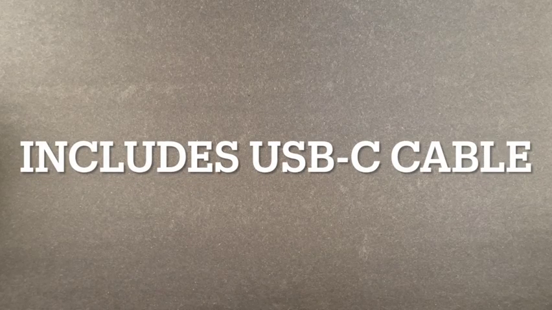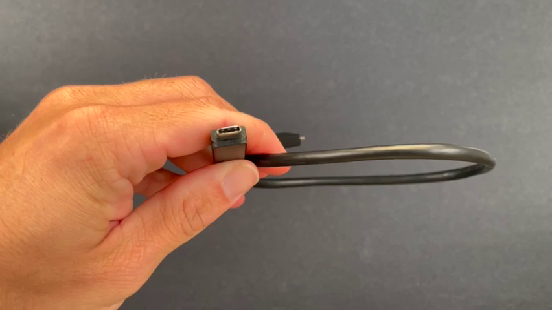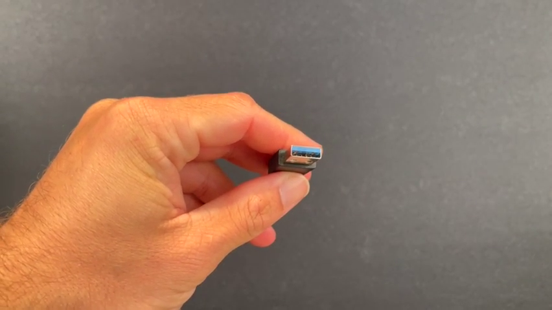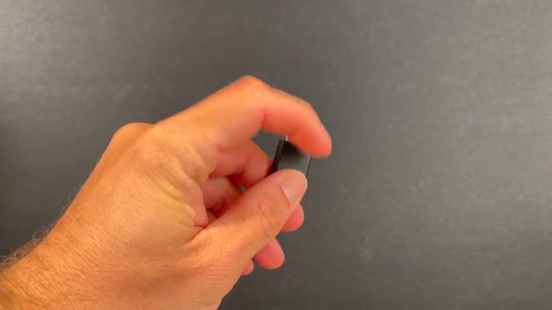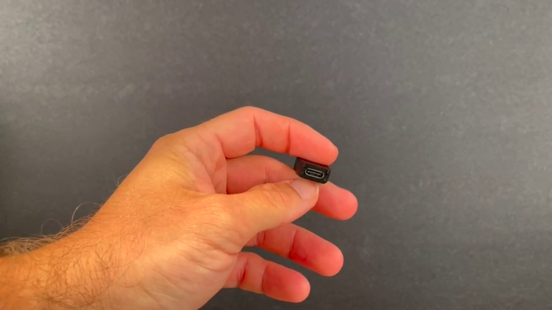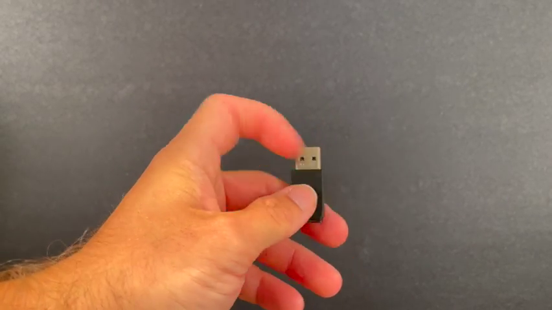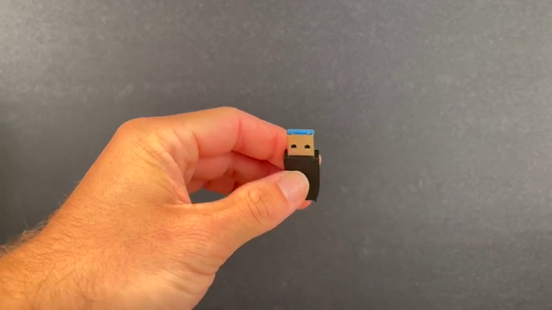The hard drive includes the USB-C cable, and also, which is pretty handy, it comes with an older Mac plug that you can plug the USB-C cable into for an older Mac.